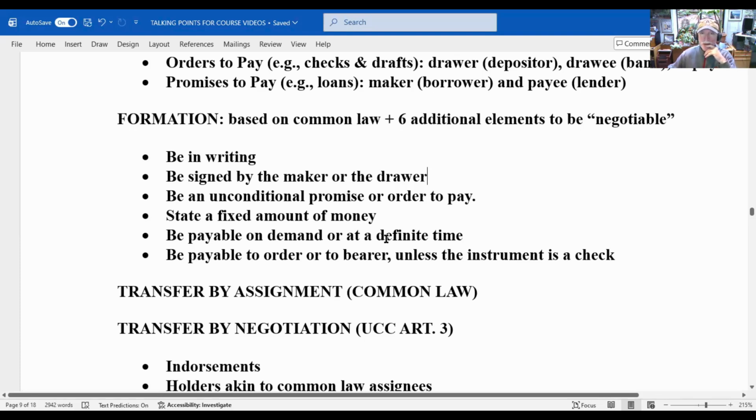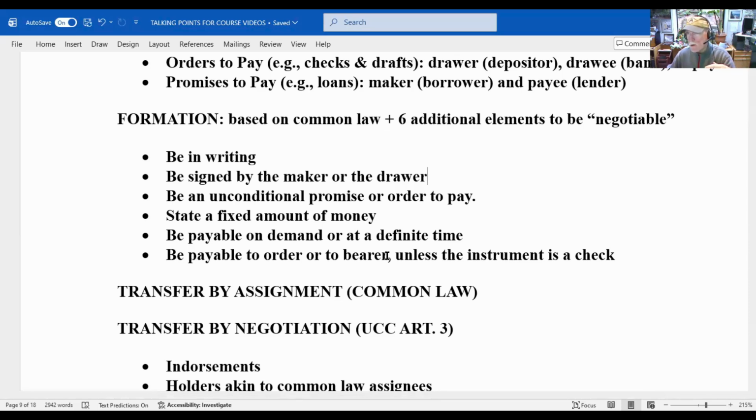Payable to order or bearer. Now, this is the idea that if you have a loan, for example, that's payable to the lender, the lender may negotiate or transfer that loan via an endorsement to someone else who will become a holder.